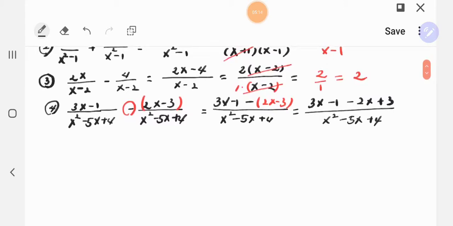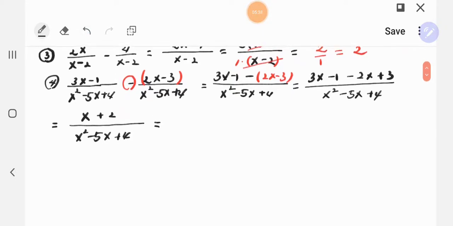Now let's simplify the numerator. 3x minus 2x, combining like terms, gives x. Negative 1 plus 3 is plus 2. The denominator is x squared minus 5x plus 4.